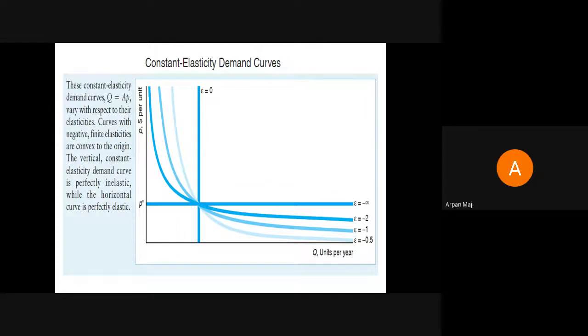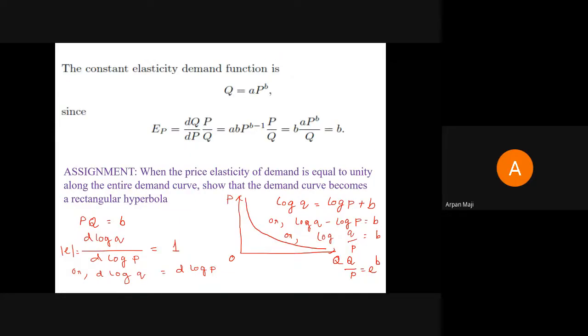Ma'am, if we take B as log B. So think about this, we need to complete this assignment. If we take the elasticity as minus 1, we want to get the standard formula.